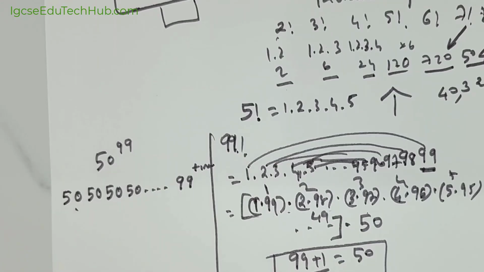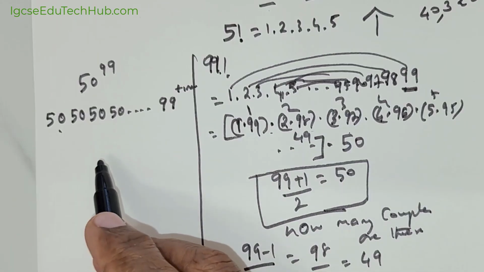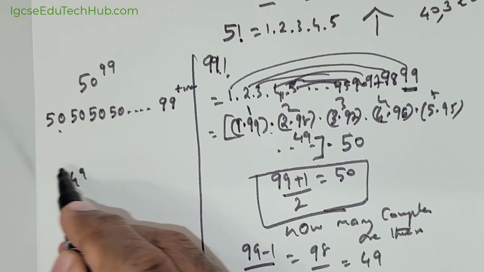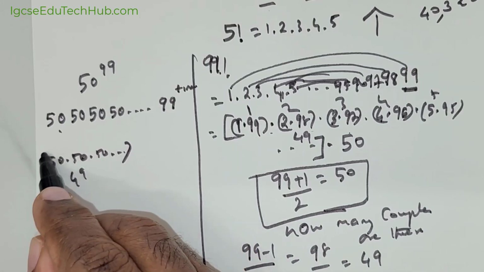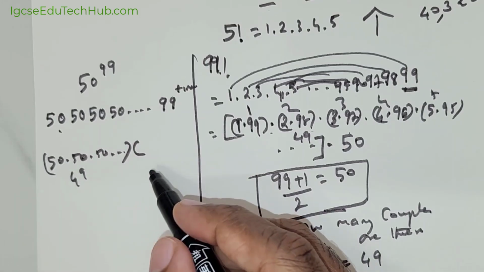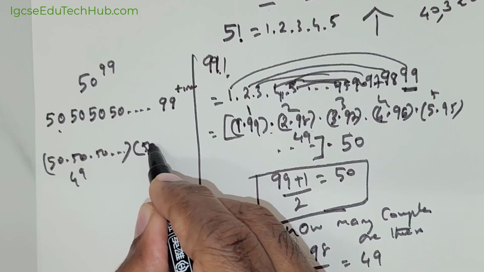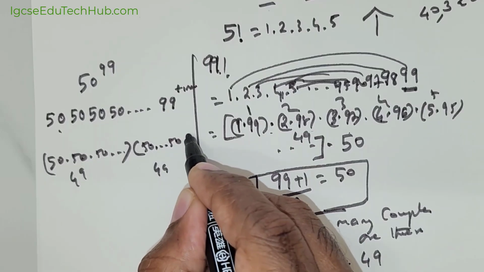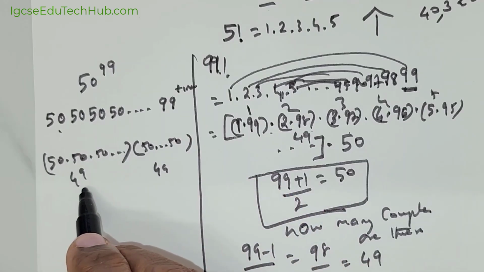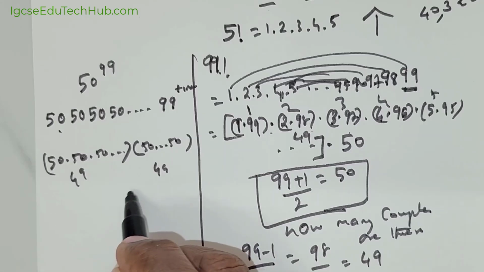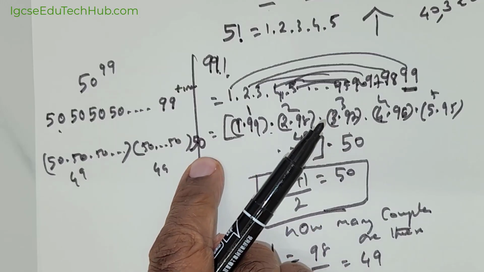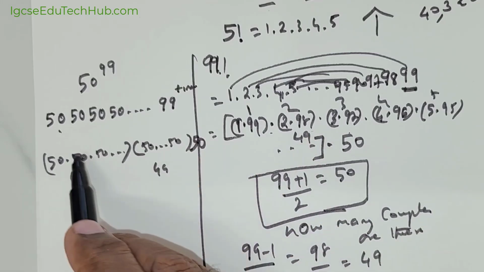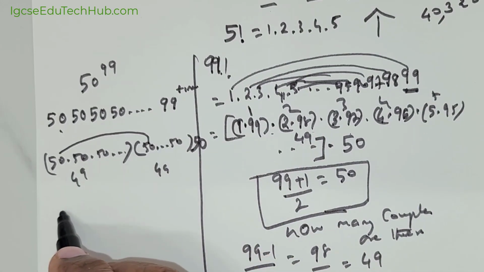So how do we group them? It's going to be first 49 terms, 50 into 50 into 50, etc. 49 terms, and then next 49 terms, 50 into 50, etc. Okay, so this is going to give me totally 98 terms. So there will be one 50 that is left out. So let me place that 50 there. Now I group 50 with 50.